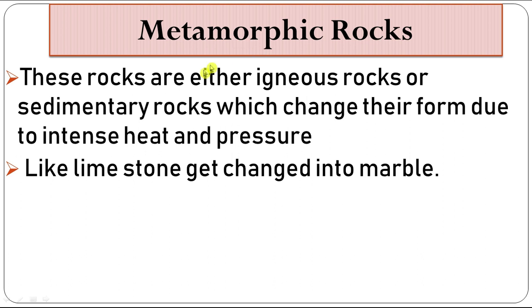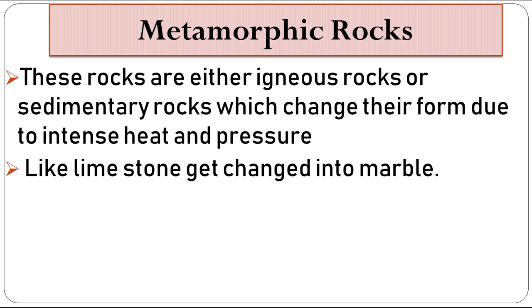Metamorphic rocks are either igneous rocks or sedimentary rocks which change their form due to intense, meaning very much, heat or pressure. Actually, our earth is not stationary. Continuously many changes occur in our earth, and due to these changes the sedimentary rocks or igneous rocks sometimes go deep inside the earth.